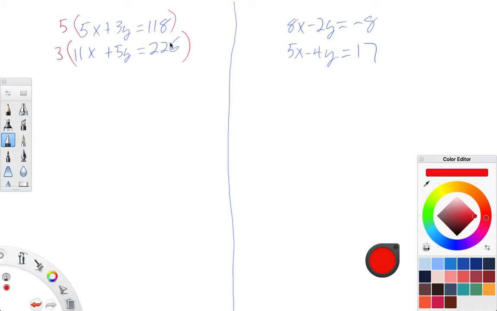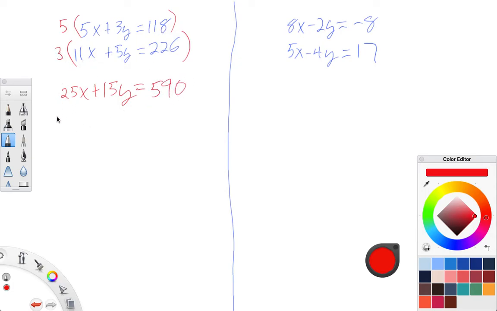You could do either. It doesn't matter what you do, you just make sure you do it to the entire equation, and that you get something that you can cancel out from it. So I'm going to multiply this through, so that gives me 25x plus 15y equals 5 times 118, that's 550 and 40, 590.